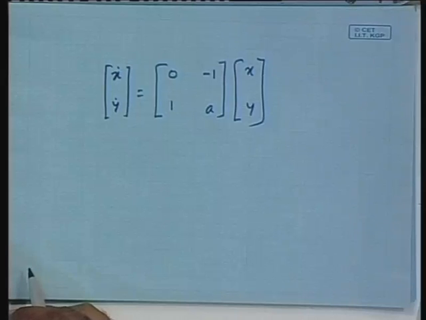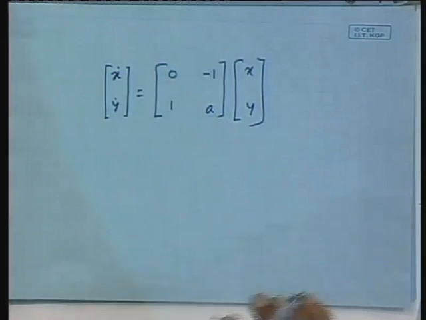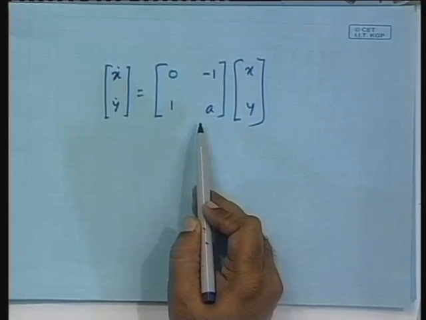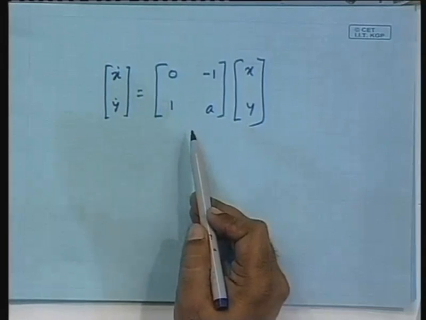Under certain condition, if some condition is satisfied, then you would notice that this will become an outgoing spiral behavior.